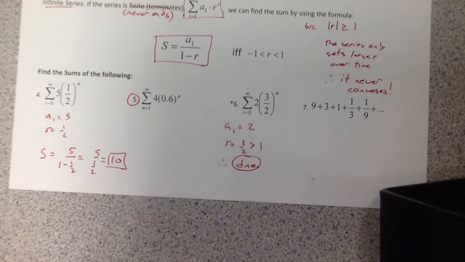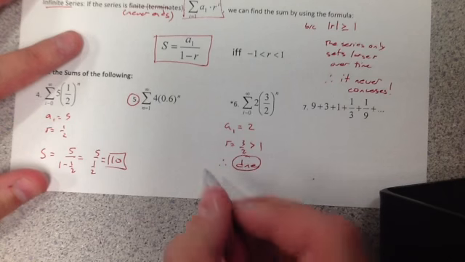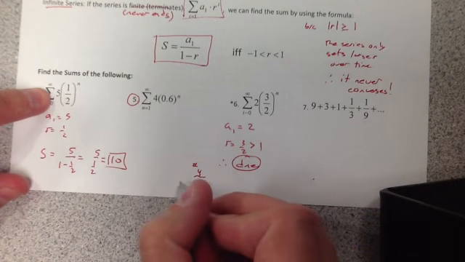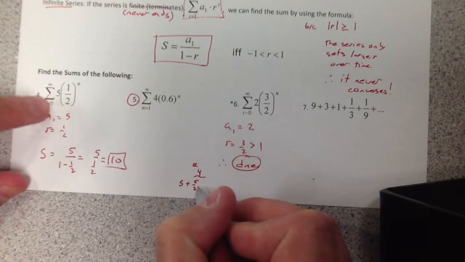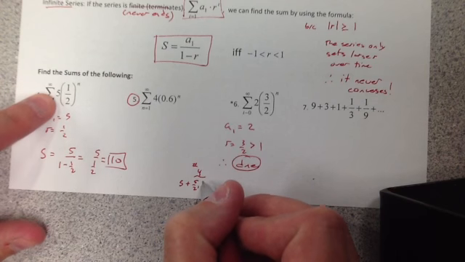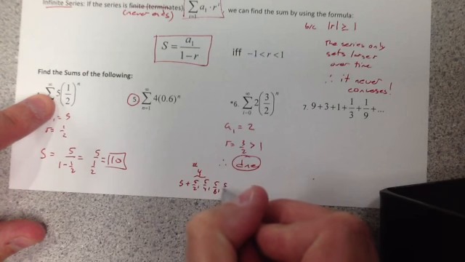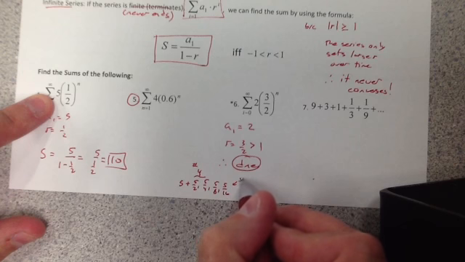And let's take a look at what's happening here. Let's compare this with number 4. If we were to expand number 4, we would get 5 plus 5/2, multiplied by another 1/2, we would get 5 over 4, 5 over 8, 5 over 16. Notice, it's getting smaller.